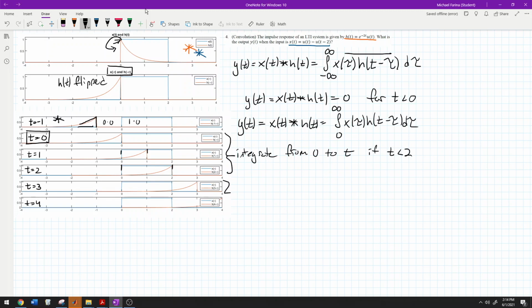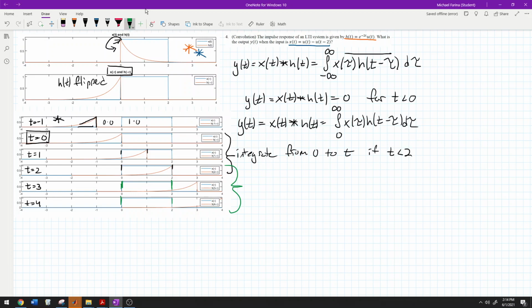And then right here, or I guess it kind of overlaps with these ones. Let's go with a different color pen. From these ones here, we're still integrating from 0 to 2, because that's what's interacting. We have our pulse interacting with the tail of this decaying exponential, which is non-zero. It only becomes 0 at infinity, which is arbitrary, or trivial rather.